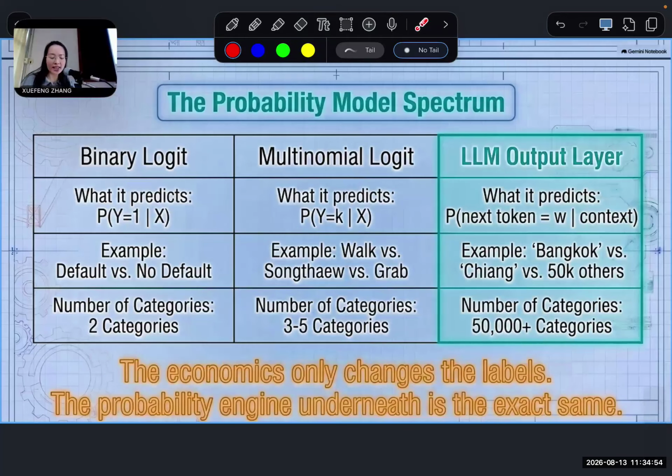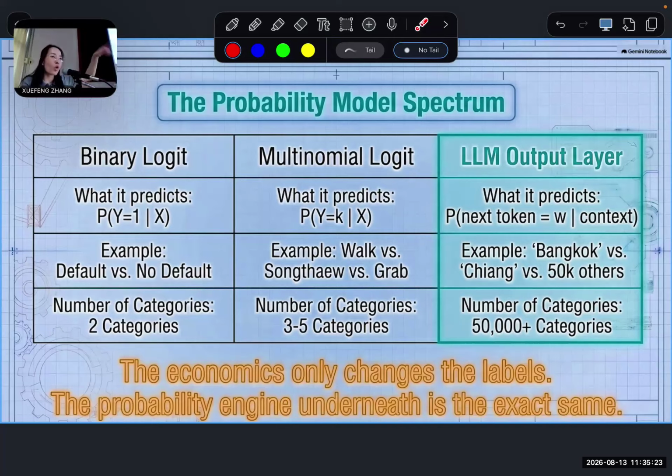Okay, so let's take a look at the probability model spectrum. After your midterm exam, we're going to learn binary logit. What does binary mean? 0, 1. So there are only two choices. If we only care about those two choices, we only need to get one of them and we know the other.